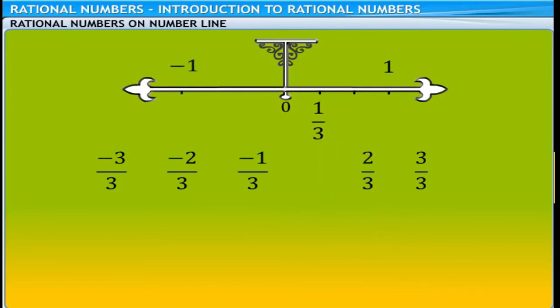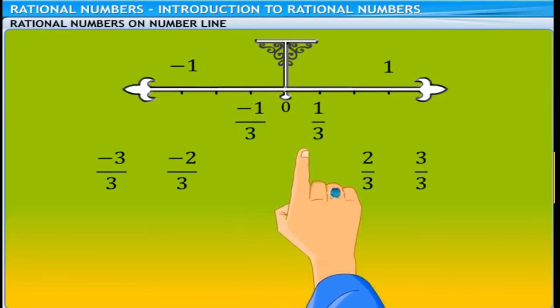Just as the distance of 1 and -1 is the same from 0, the distance of 1 divided by 3 and -1 divided by 3 will also be the same from 0. So, we divide the distance from 0 to -1 in 3 equal parts. The first mark from 0 represents the rational number -1 divided by 3. Now, 2 divided by 3 is 2/3 of the distance from 0 to 1.